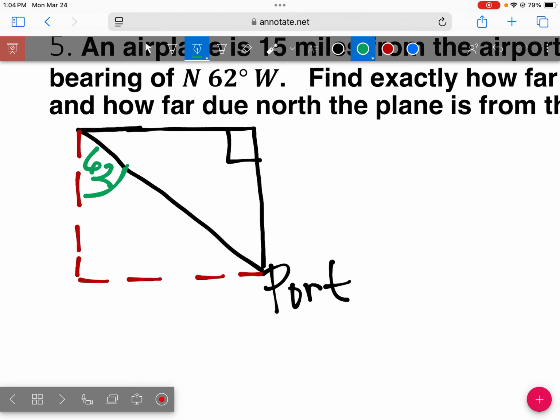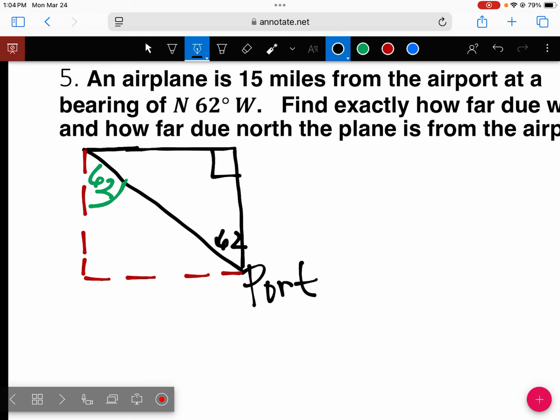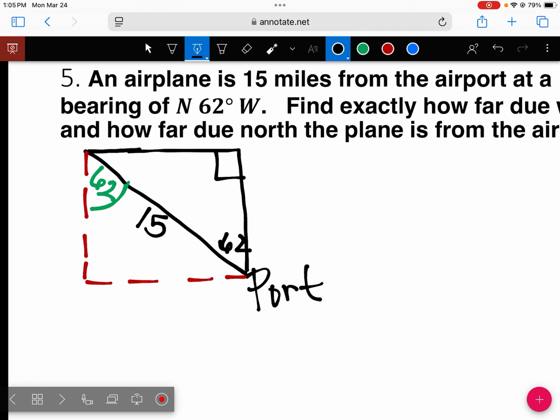That's my bearing, but in relation to my black triangle, that would be the same as putting it here. And it said that it's 15 miles, so that's 15. That's my hypotenuse. And it's asking us to find how far due west. So I need to find the west distance, and I need to find the north.